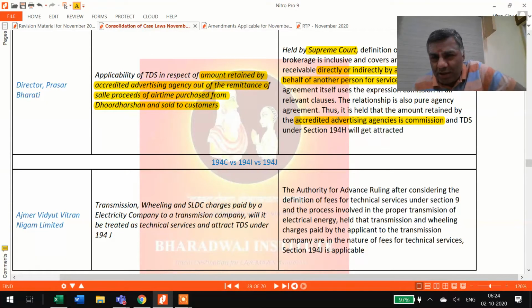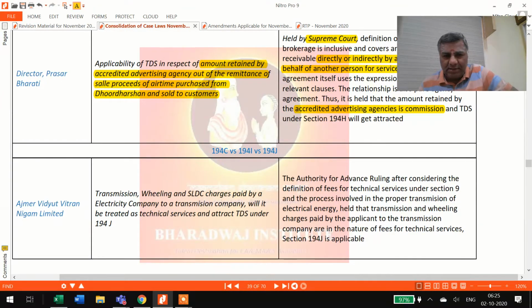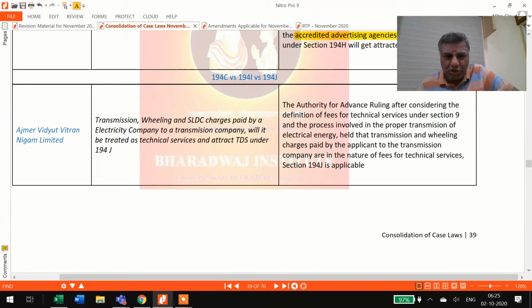So send a debit note, etc., whatever it is. This is a shift from our circular. The Supreme Court judgment will now stand. If time permits in the examination, you write there was a circular, but however, a Supreme Court judgment renders this as advertisement, so commission needs to be deducted.